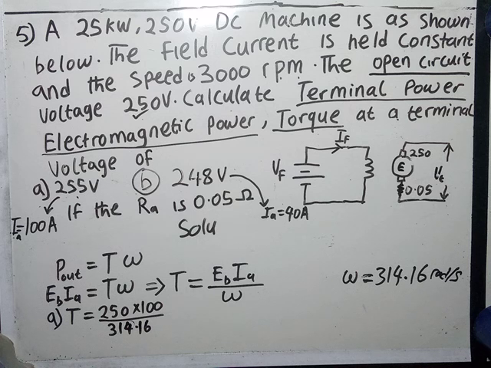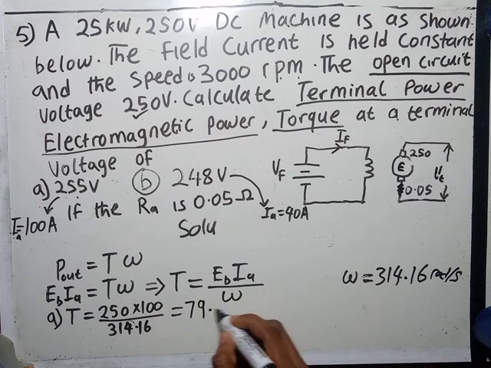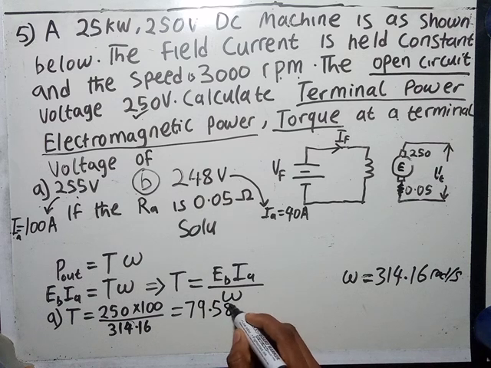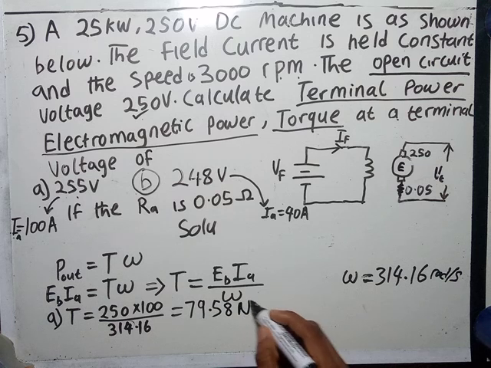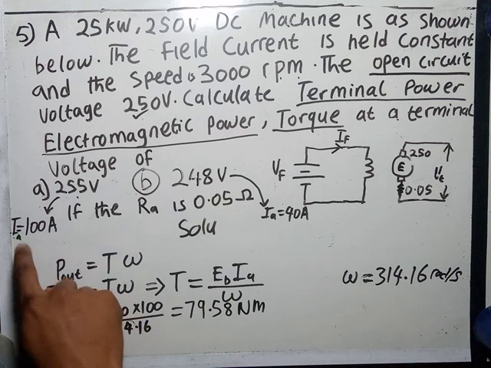Inputting this in a calculator, we have approximately 79.58 Newton meter. That's for the first case.